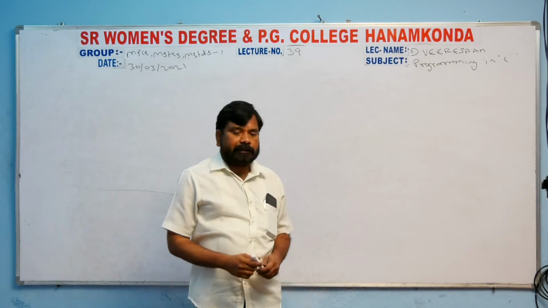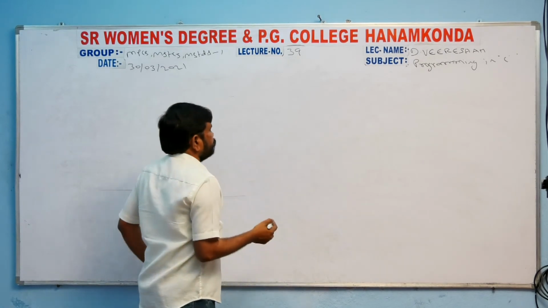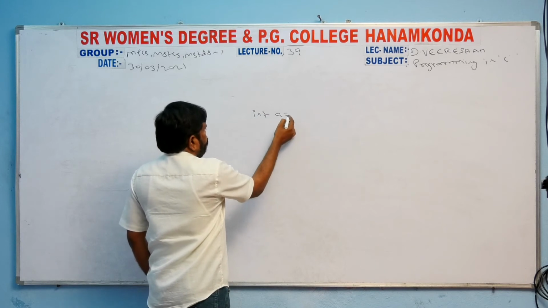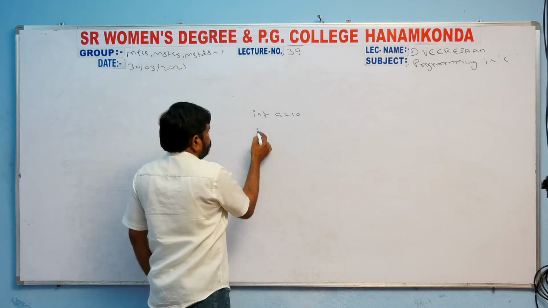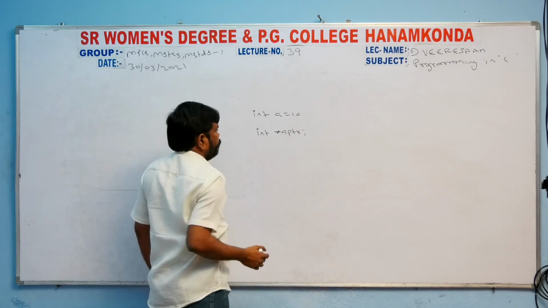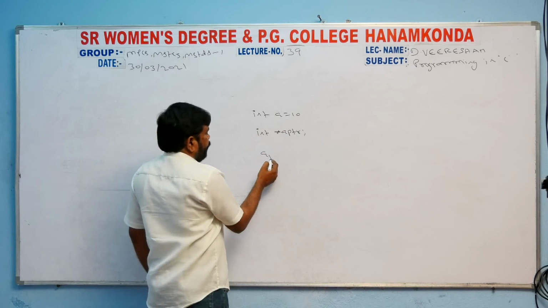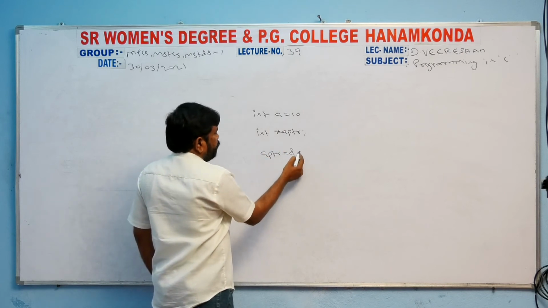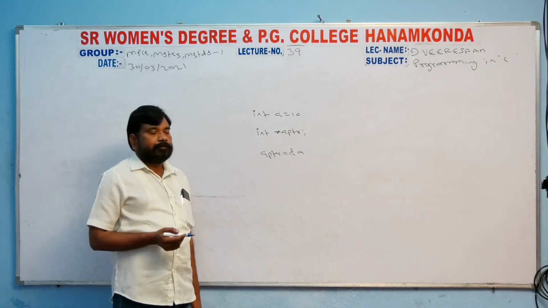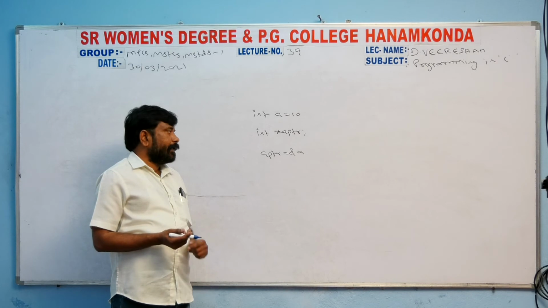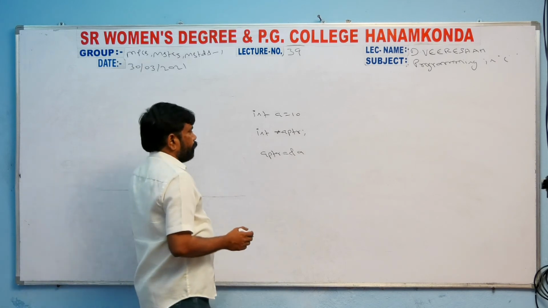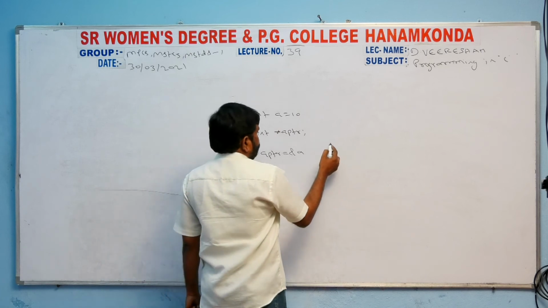See, the next one is another example. Suppose I declare integer A is equal to 10, then integer star A pointer, then A pointer is equal to address of A. See, now how will it be stored internally?